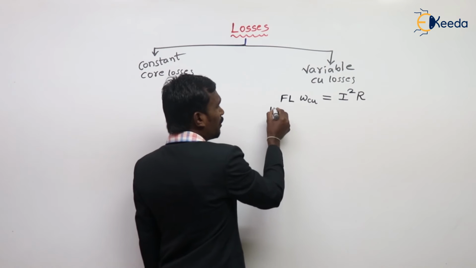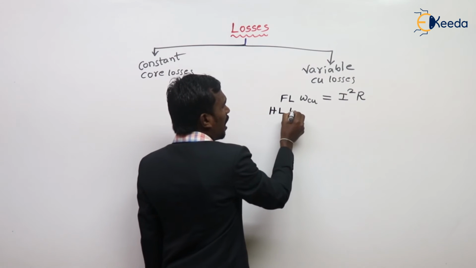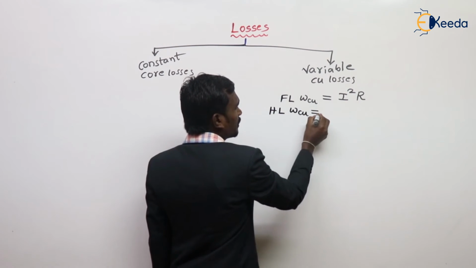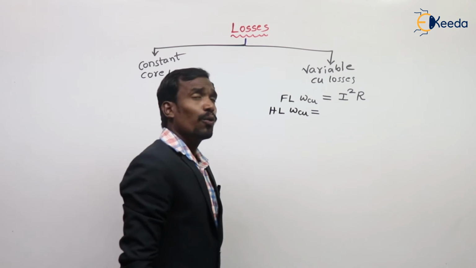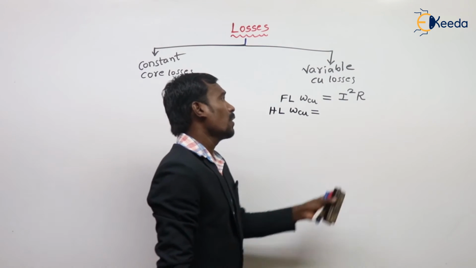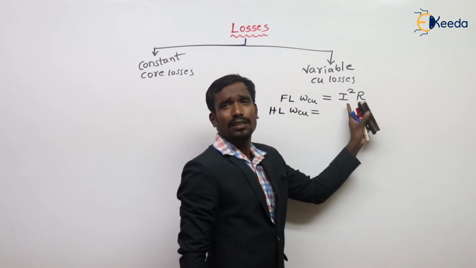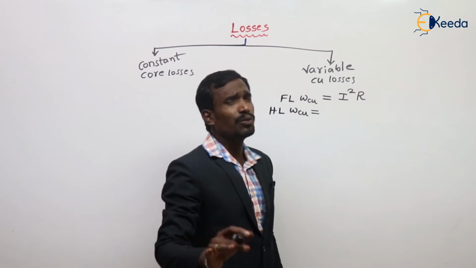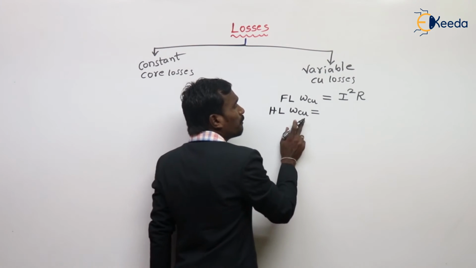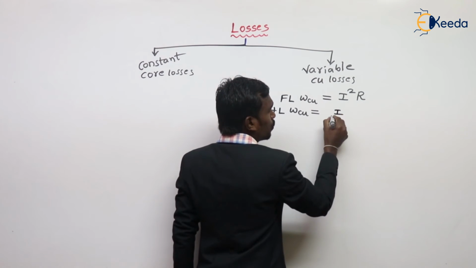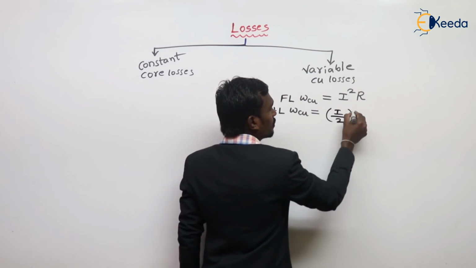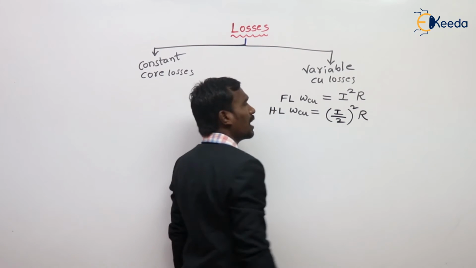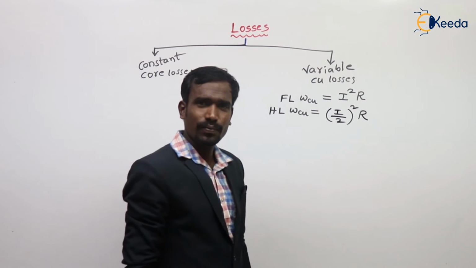If you want the offload copper losses, when the load decreases, which of the following varies, resistance or current? Current varies ultimately. So the offload copper losses is equal to half of the current square into R, I square R losses.